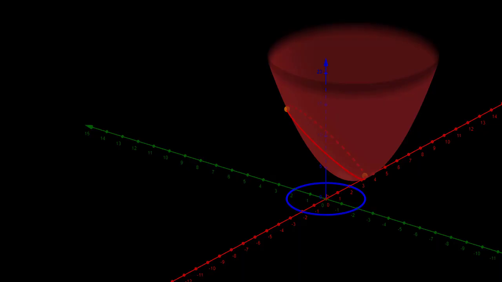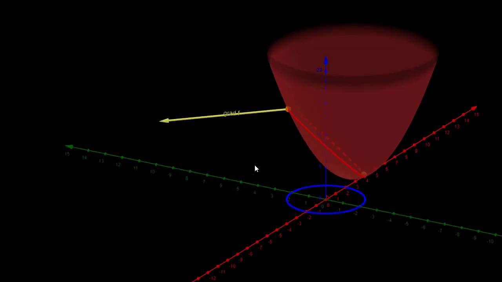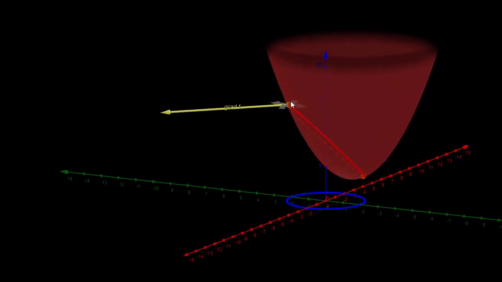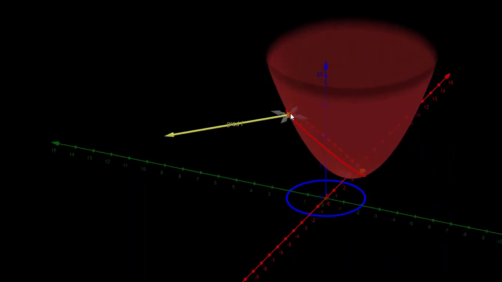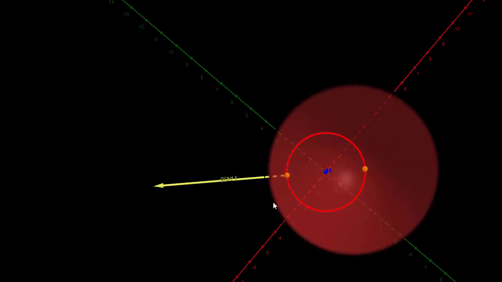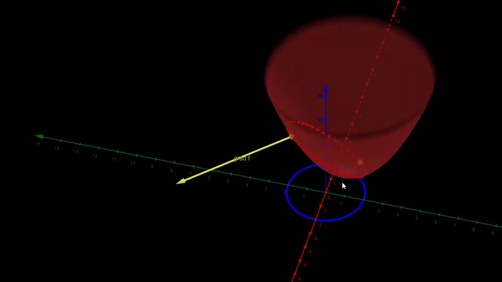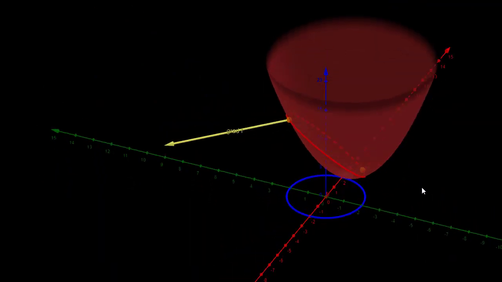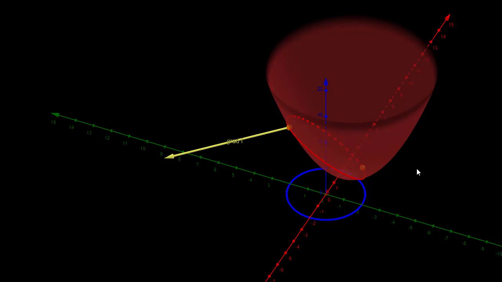Okay, so if we look at the graph, here is the gradient of f at that point, and I put it up on the surface itself. If we look at it from above, we see, like we have always, that the gradient is going to be perpendicular to a level curve.